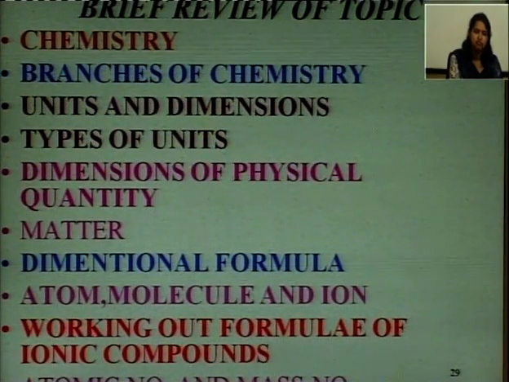After explaining all the points, I guess that you might be able to answer what is atom, molecule and ion. Then I explained working out the formula of an ionic compound, and there are different steps for working out the formula. I have explained them with many examples. Then I explained the atomic number and mass number.